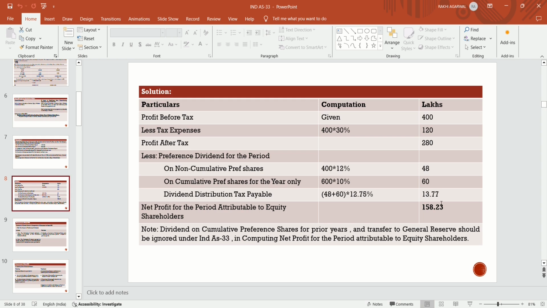After deducting the preference share dividend declared on non-cumulative and cumulative shares, and the dividend distribution tax paid on them, whatever is left is the net profit for the period attributable to the equity shareholders. These profits are to be divided by the weighted average number of shares.